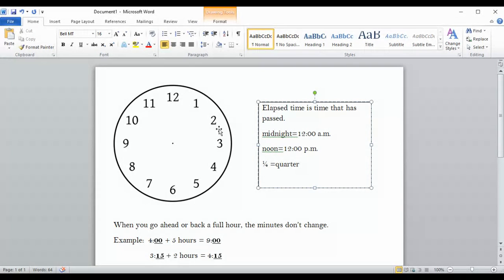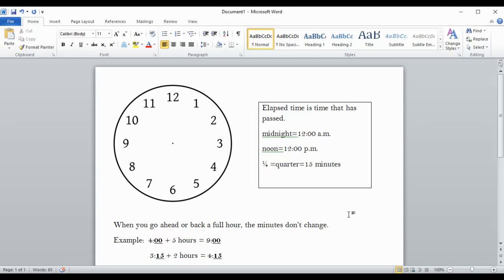So a quarter in time is 15 minutes because here's 15, here's another quarter, which is 30, here's another quarter, which is 45, and here's another quarter, which makes it 60. So I just want you to remember that a quarter in time is actually 15 minutes. And I'm just going to put this up here in our text box because that is often a confusing concept for fourth graders.